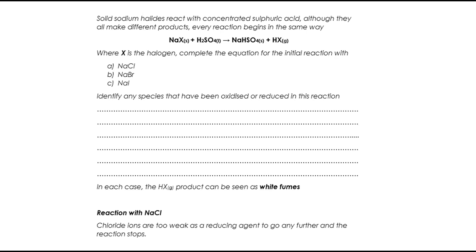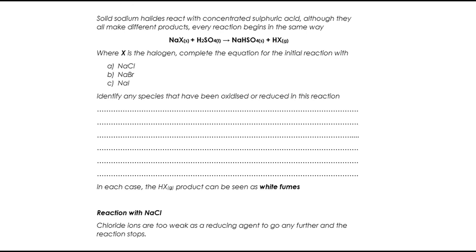So what I would like you to do is write out that equation for each of the sodium halides that we have here. And then I want you to think about what has been oxidized and what has been reduced within that reaction. So pause it, try to write out the equations, and then work out what you believe has been oxidized and reduced.